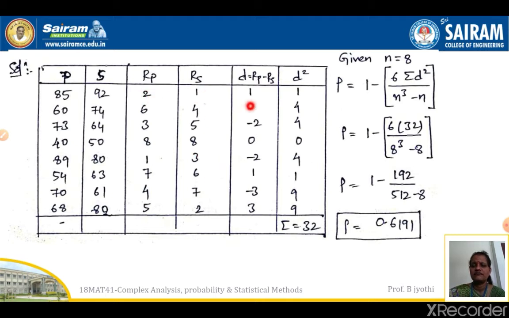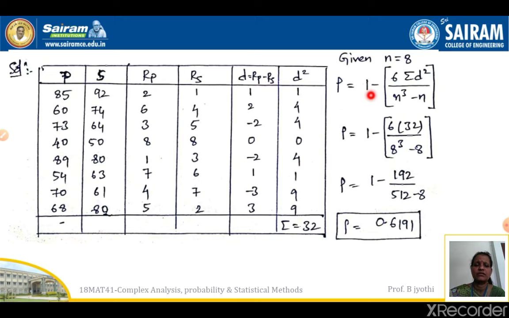Let us take the difference of the two. That will give us 1, 2, minus 2, 0, minus 2, 1, minus 3 and 3. So the sum of the D squares will total to 32. So n is equal to 8.